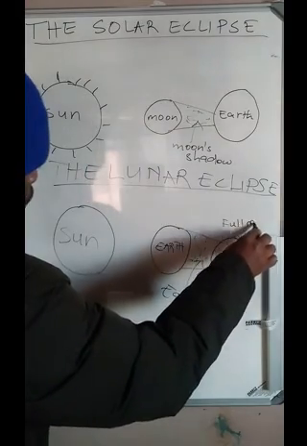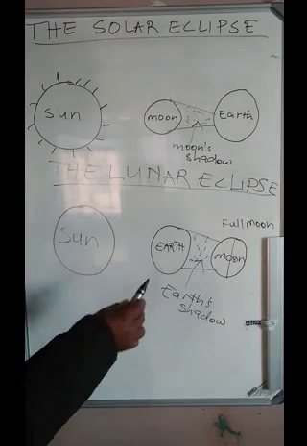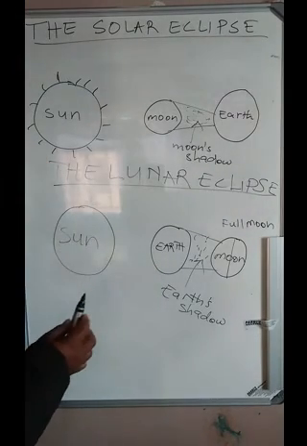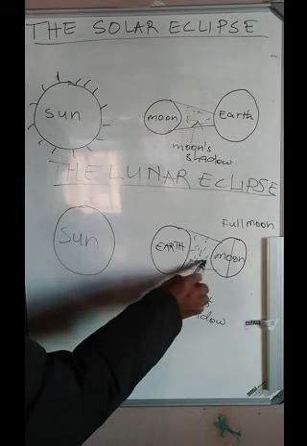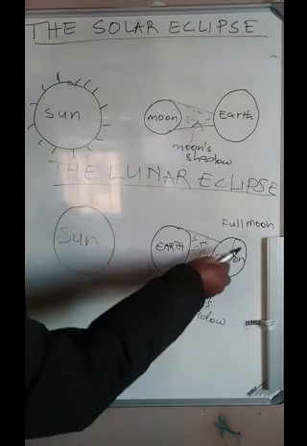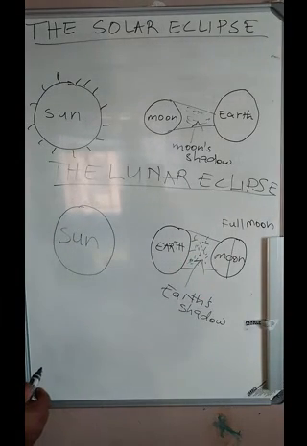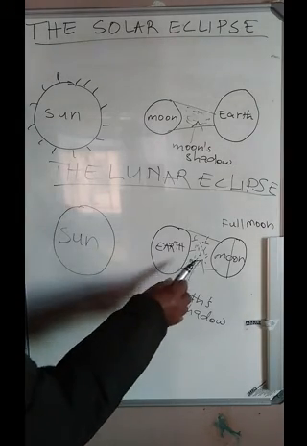When the phase of the moon is a full moon, people here try to look at the moon, but the moon becomes dark because the shadow of the earth is blocking light from the sun from reaching the moon. So the moon gets blocked by the shadow of the earth.